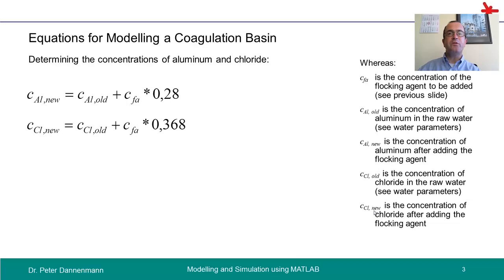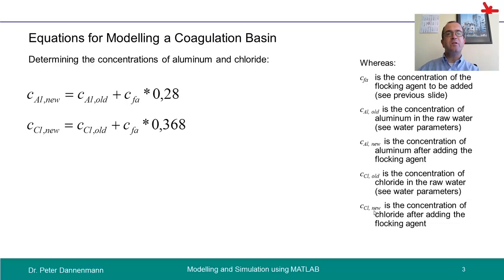Therefore, the fraction of chlorine of the whole molecule is 36.8%. Thus, the concentration of chlorine in milligrams per liter is computed as the concentration of the flocking agent in milligrams per liter multiplied by 0.368.